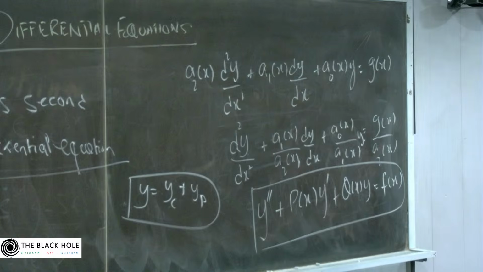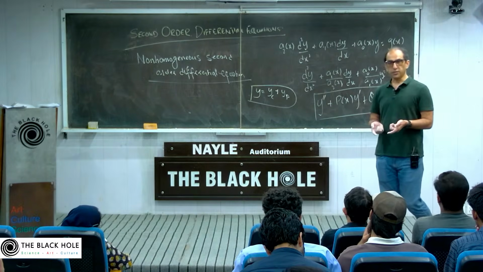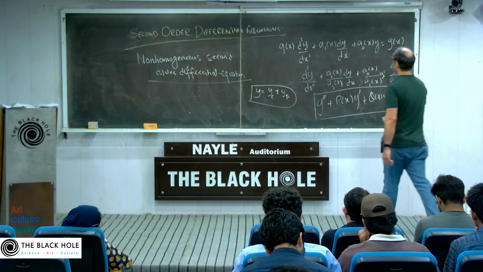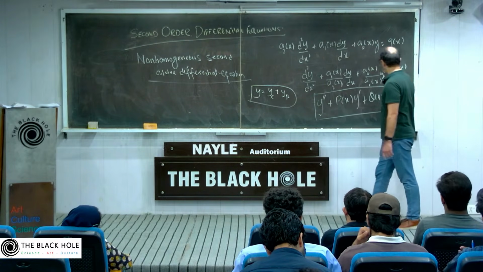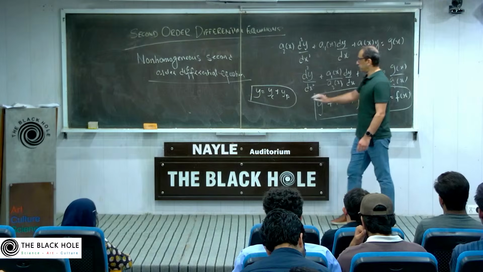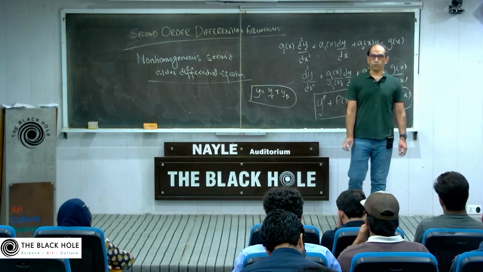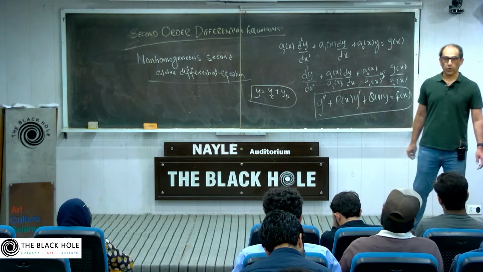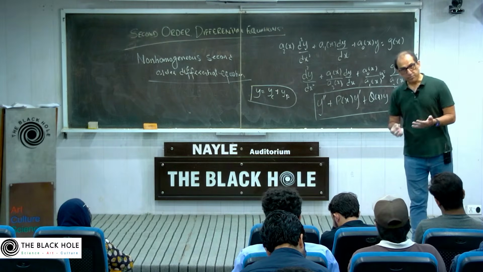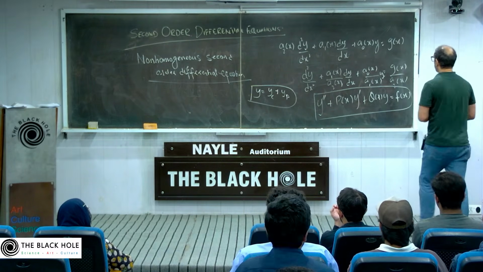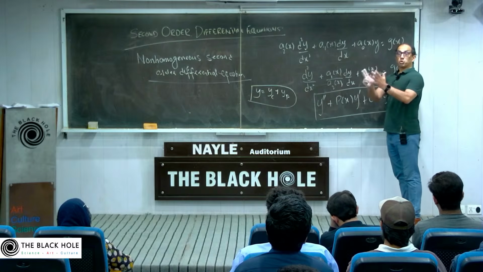Because it's a linear second order differential equation, the combination of the two will also be a solution. So you can show that a solution of a non-homogeneous differential equation can be written as y is equal to yc plus yp.